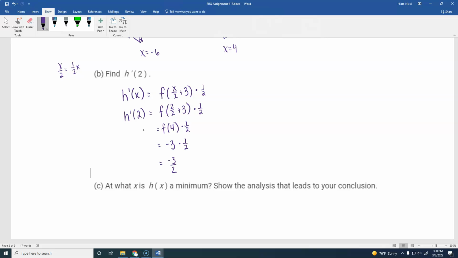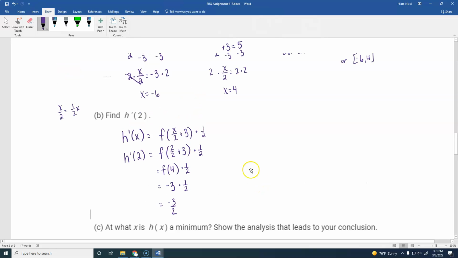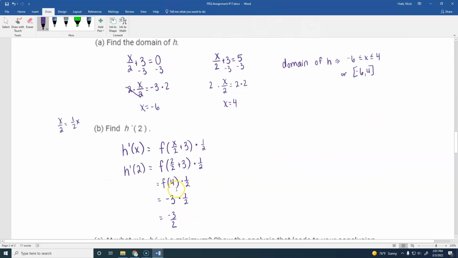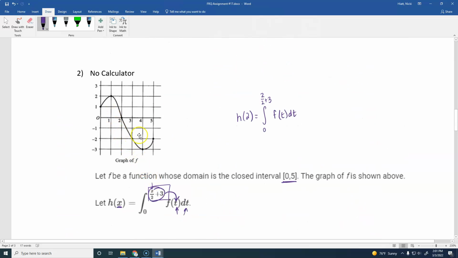Okay, so C says at what x is h of x a minimum? Show the analysis that leads to your conclusion. All right, so it's asking us about h. It is not asking us about just f. So we cannot just look at the graph and tell.